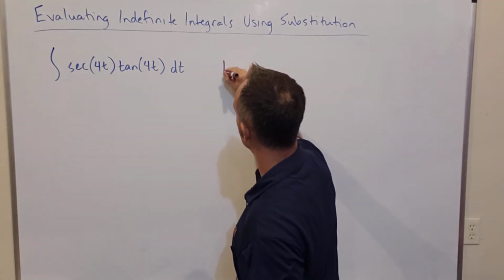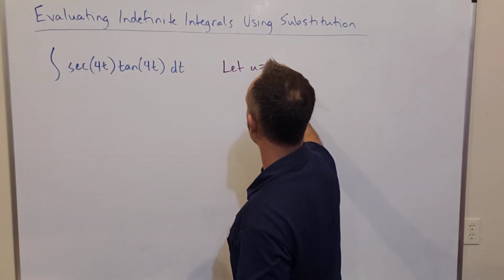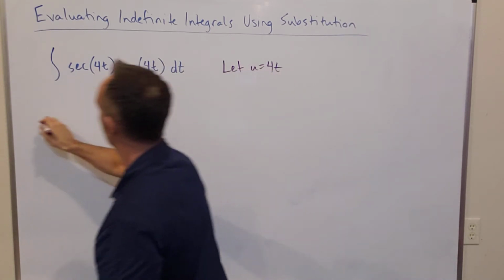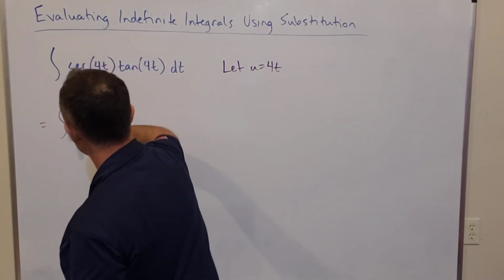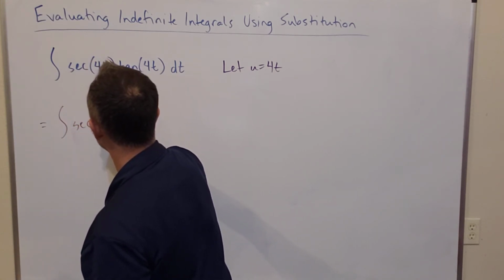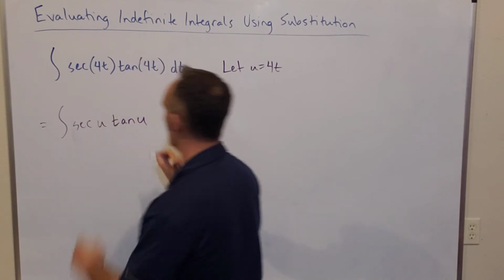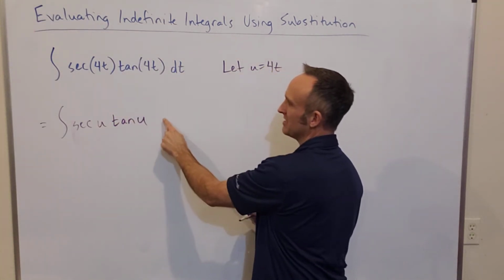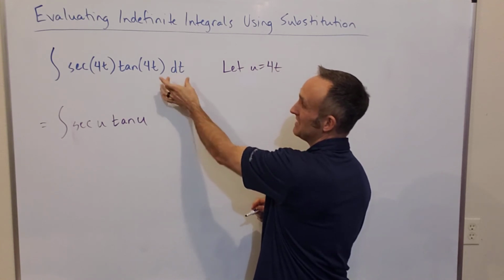So in this case, we'll let u equal 4t. Then this is going to turn into secant of u times tangent of u, and we know how to anti-differentiate that. The problem is it's not dt.